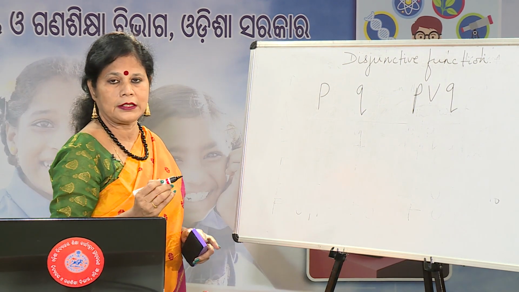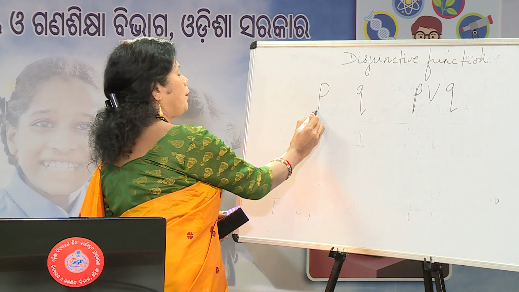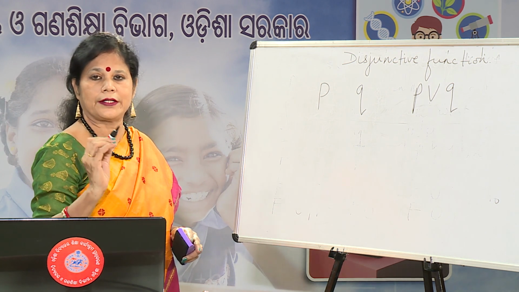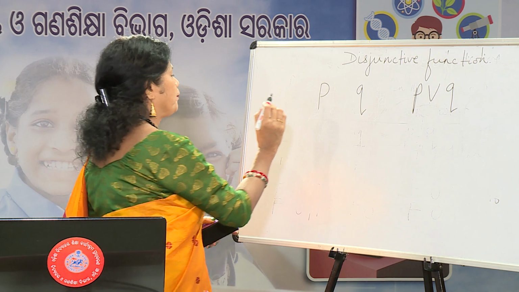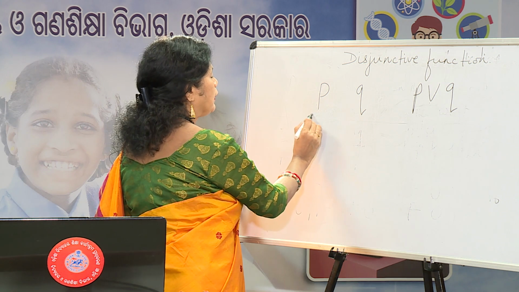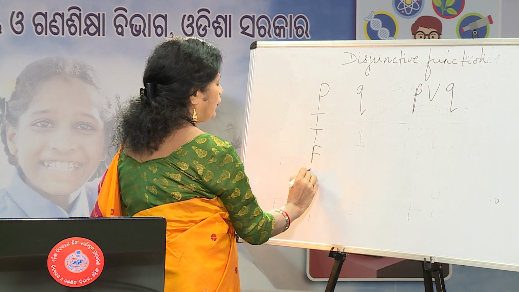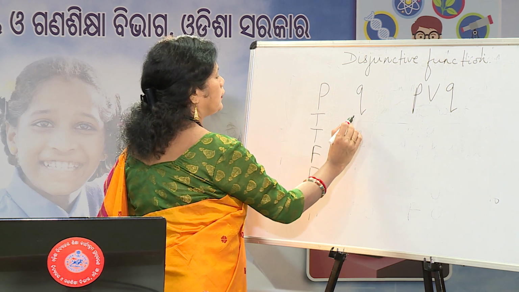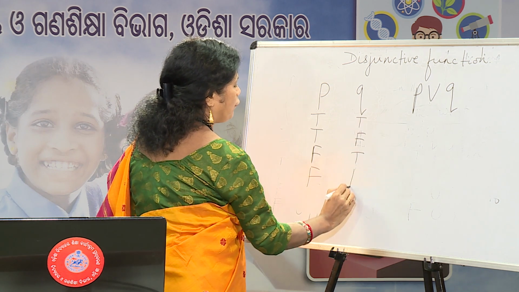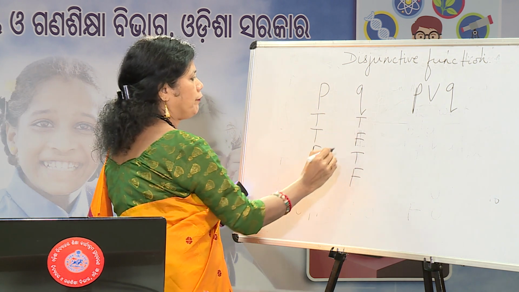P stands for Ram is intelligent, Q stands for Ram is diligent. Now two propositions, how many possibilities are there? There are 4 possibilities. P is T, T, F, F, Q is T, F, T, F.